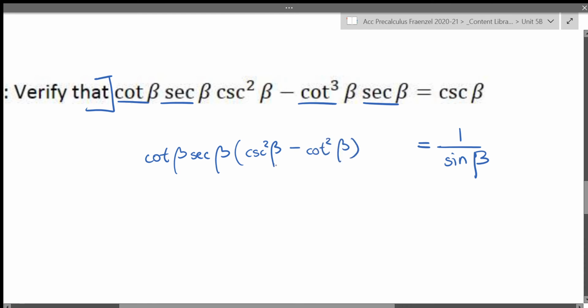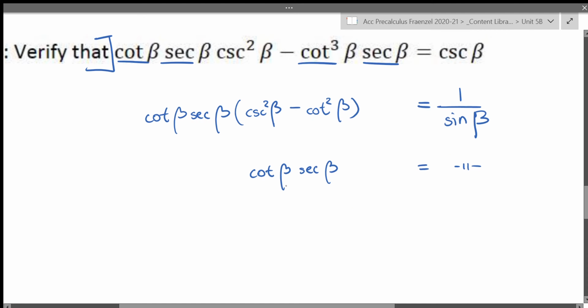Why is that so cool? I'm pretty sure that cosecant squared minus cotan squared is 1. So this simplifies to 1, whereas this is just 1 over sine beta. So we have cotan beta, secant beta, and cotan is cosine over sine.